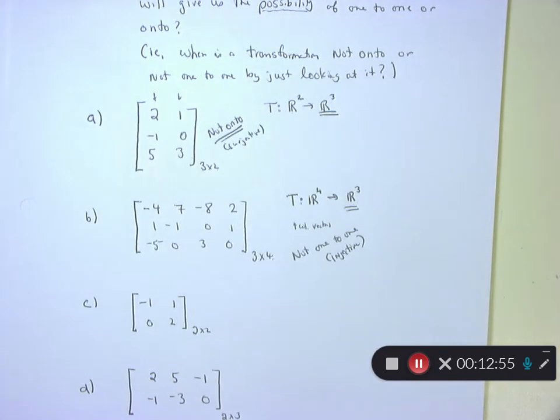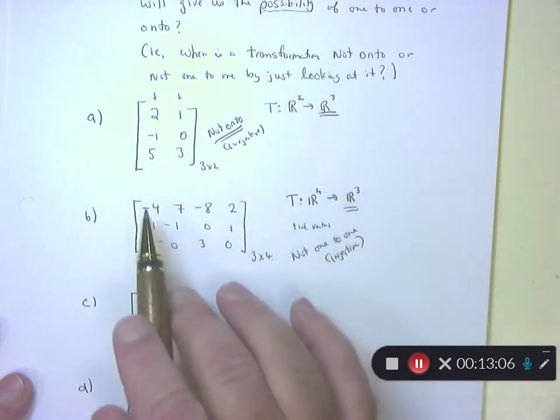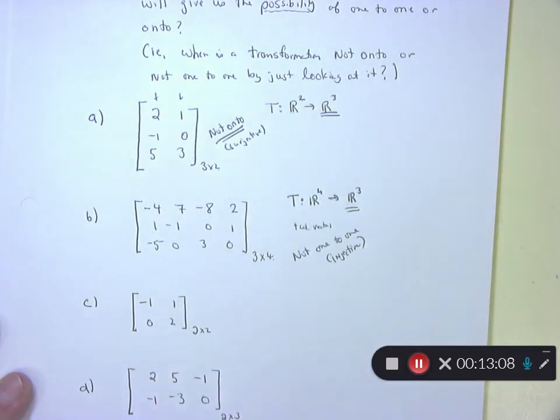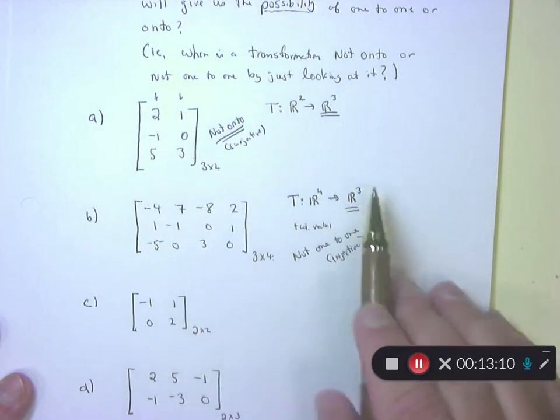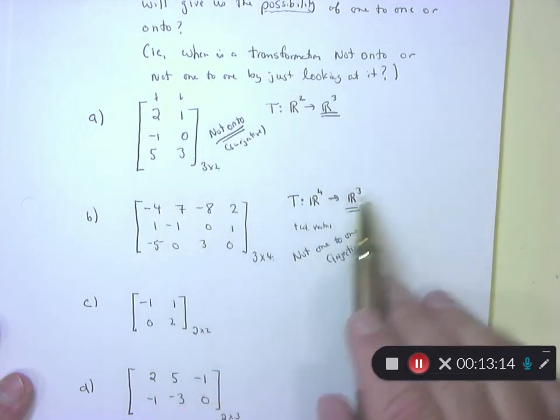Does that make sense? Again, don't think this too deep. We're trying to talk about RM. RM is where we're going. So I always set this thing up, and then I compare the number of column vectors. Since I have 4 column vectors, and we're going to R3, I have more vectors than R3.